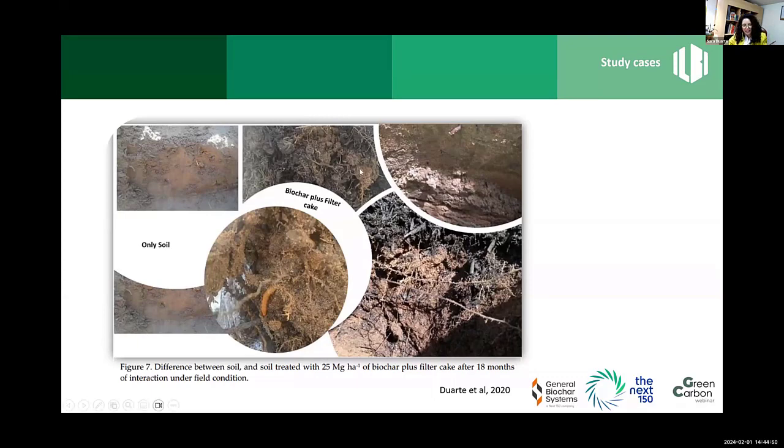But here we have a soil enhanced with 25 megagrams per hectare of biochar. Here we have the presence of macroorganisms. We have high aggregate stability in a sandy soil at 18 months after application of biochar.